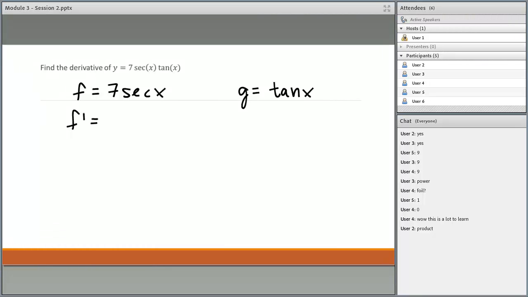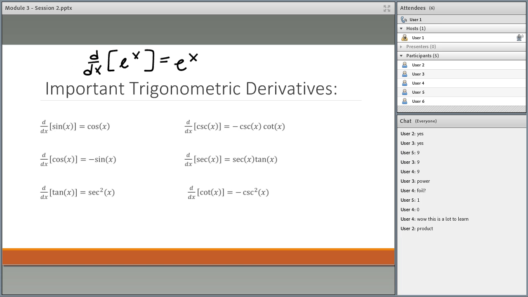So I'm going to need f prime, and I'm going to need g prime. And like I said, you can always go back to the table and find the values that you need. So we need the derivative of secant, and we need the derivative of tangent.